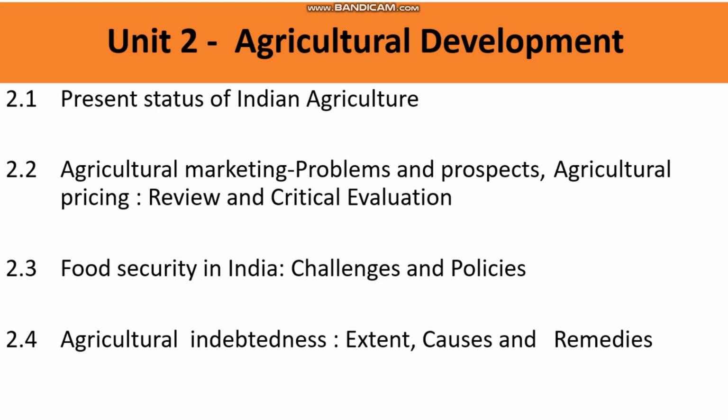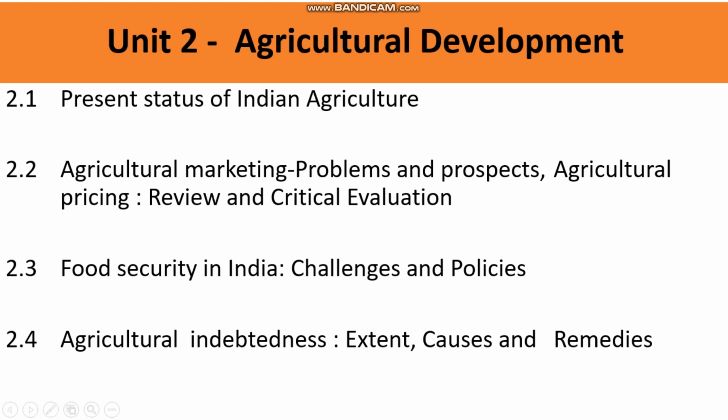These middlemen purchase the agricultural produce at lower prices from the farmers, and they sell the same commodity at higher prices to the customers. So farmers are not getting the actual price at which the consumer is purchasing that particular commodity. These are the problems related to the agricultural marketing process, which we will study in this particular point.